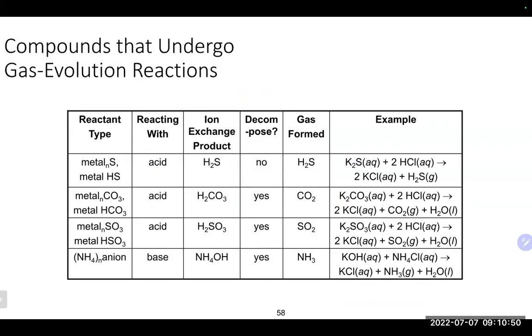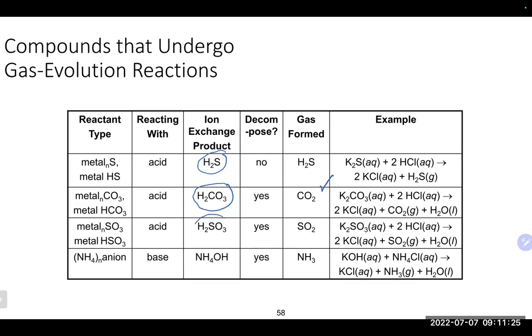So here's a nice little table that helps you figure out some of the gas-producing ones. As we saw, if you have a metal with sulfide, you will produce directly some hydrogen sulfide gas, as we saw in our example there. If you have a metal with carbonate, like sodium carbonate or sodium hydrogen carbonate, and you react it with an acid, once again, as I just wrote on the last slide, you will produce carbonic acid, which will go through a decomposition reaction and produce CO2.